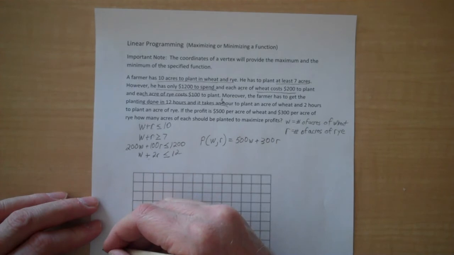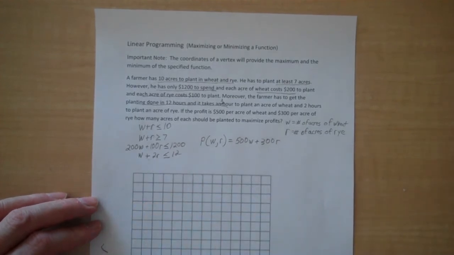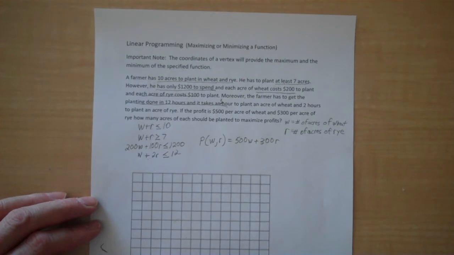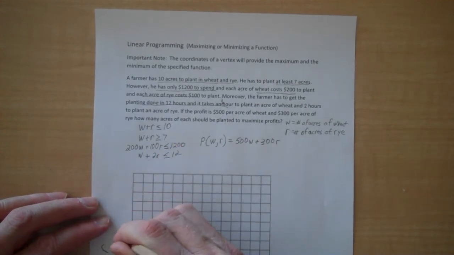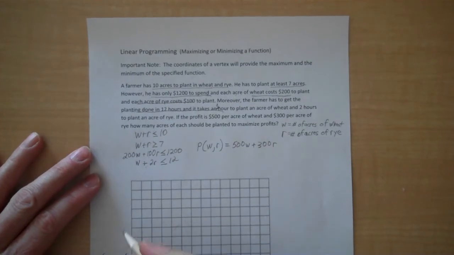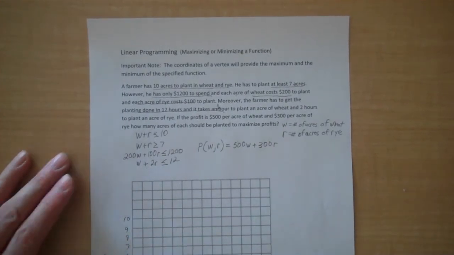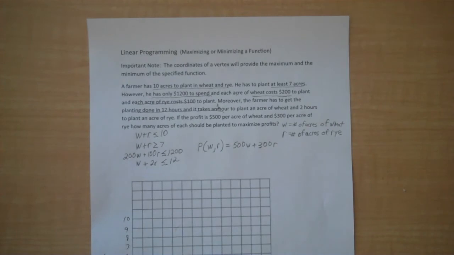And I'm going to let this be my R axis, and R is the number of acres of rye, and I'm going to number that. I'm only going to go up to 10 because that's how many acres we have. We can't go past that in what we are doing.